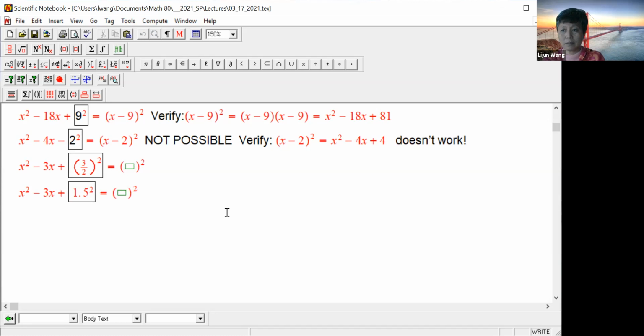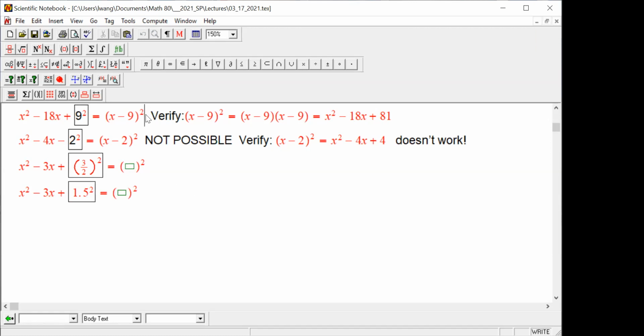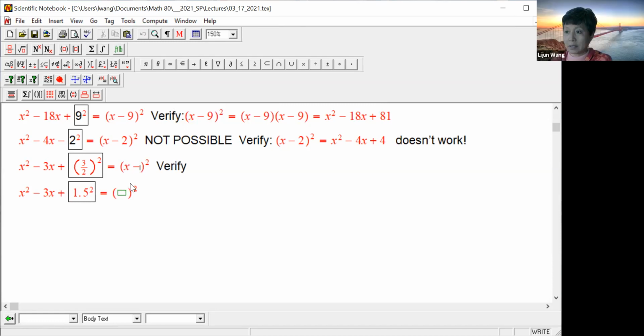What's in the parentheses? X minus 1.5. Yep. X minus 1.5. That's it. Or X minus 3/2. Okay, so can you verify these for me? Can you verify right now?